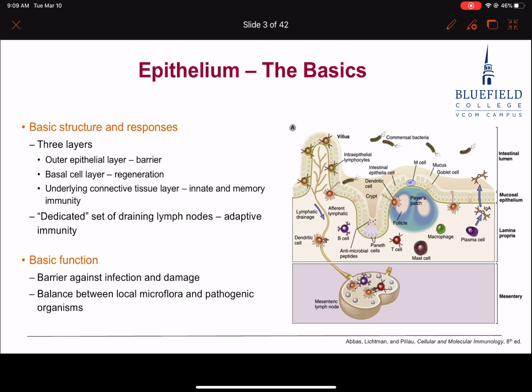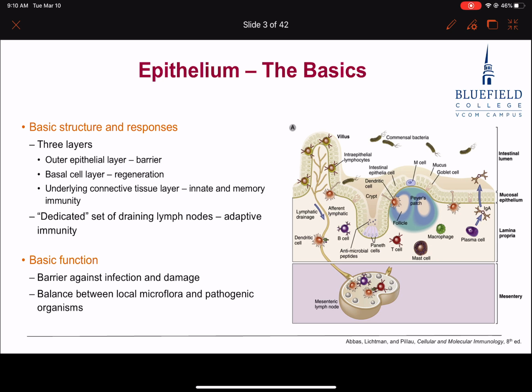So in the gut, they're the mesenteric lymph nodes. And so there's sort of a set of lymph nodes that are in close proximity to the GI tract. In the lung, you've got the hilar and the mediastinal lymph nodes that are located here around the heart, so sort of midway in your lungs, right?